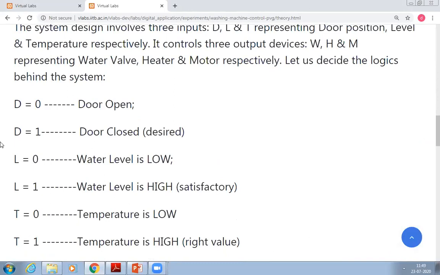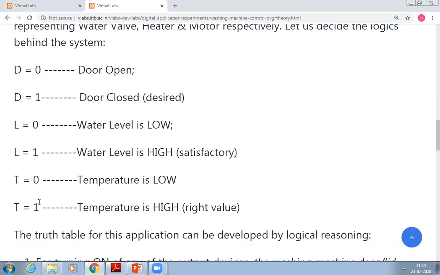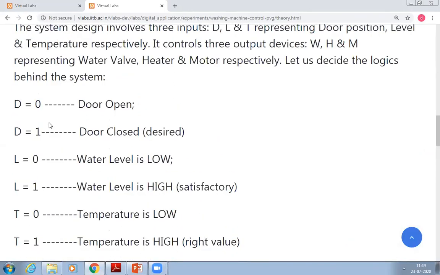So D, L and T are the inputs. Now we'll explain the logic behind the system. In digital there is either 0 or 1. If D is 0, the door is open. When D is equal to 1, the door is closed. L equal to 0 means water level is low, and L equal to 1 means water level is high.